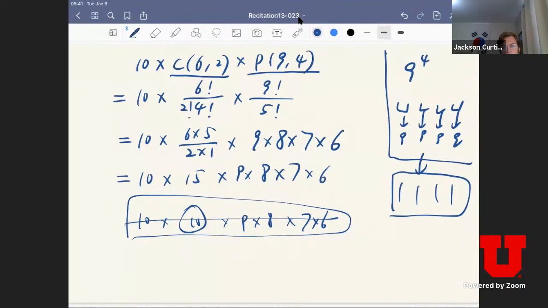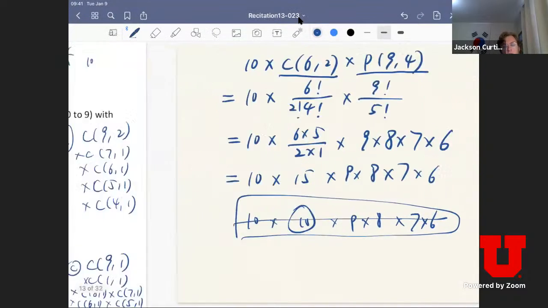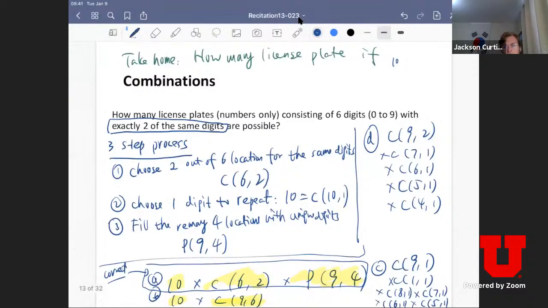I guess I read it as exactly 2 of the same digit, meaning no more than 2 of the same digit, meaning you could have repetitions of other digits as long as it's not the same digit. That's not the intention of this problem, but we will try to make it clear in the problem. The way this is interpreted, exactly 2 of the same.